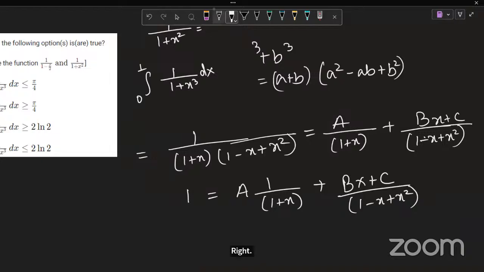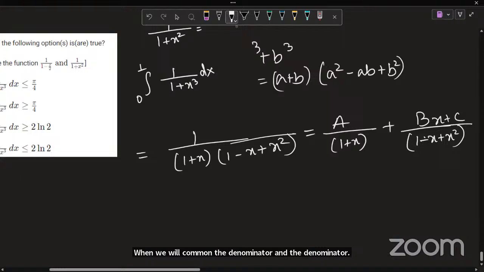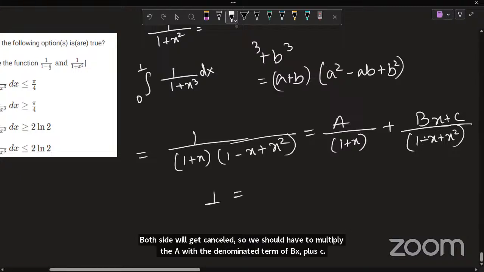When we take the common denominator, then the denominator on both sides will get cancelled. So we have to multiply a with the denominator term of bx plus c, and bx plus c with 1 plus x.